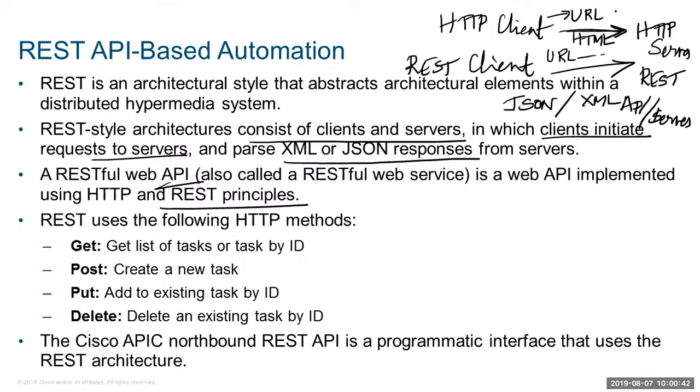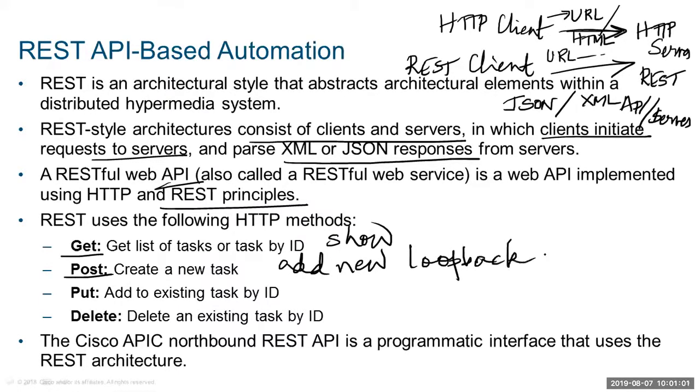HTTP uses methods like get, put, post, delete. Get is equivalent to show commands. Post is to add something new, like a loopback interface. If you want to change something, you would do put, then delete.